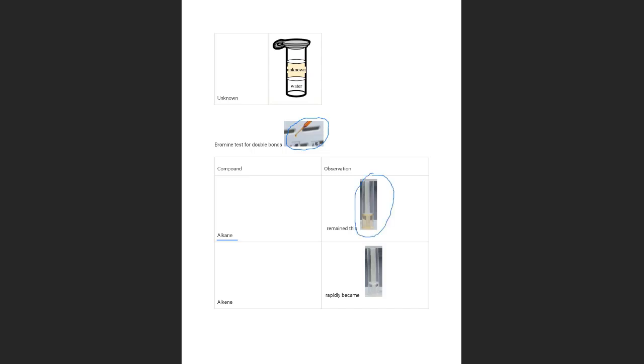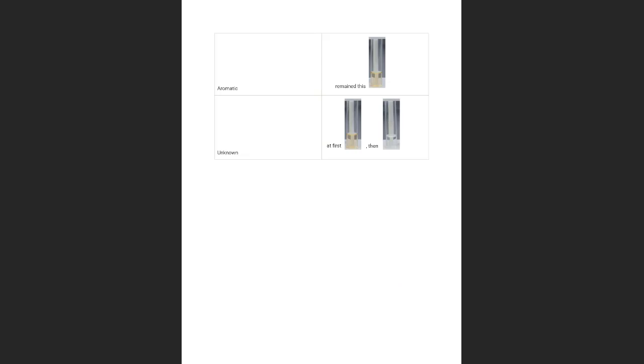We said that if it stays yellow, the reaction is negative, which means that the alkanes test negative with the bromine test. But we said that if the reaction is positive, the yellow color disappears. So we have the alkene where the reaction is positive. Let's continue looking. We look at the aromatic and we said that the reaction is negative because it stays yellow.